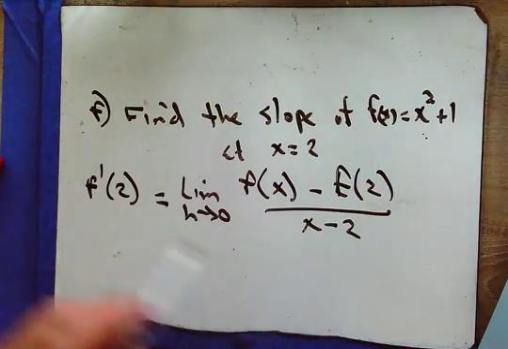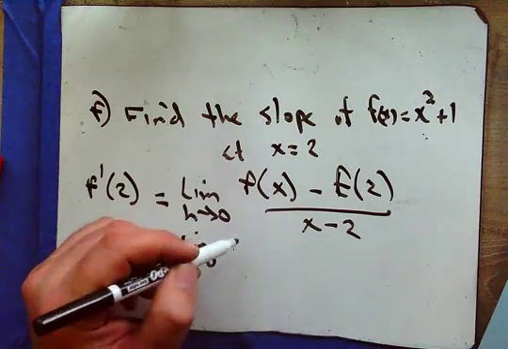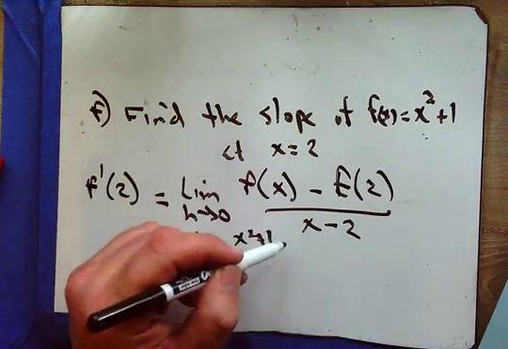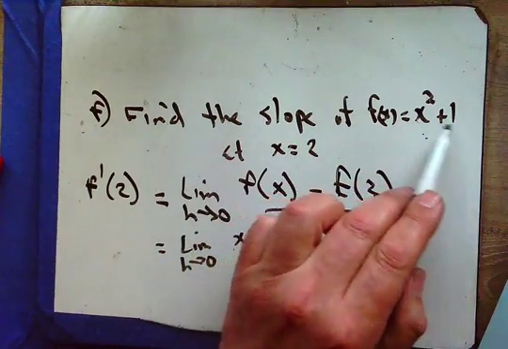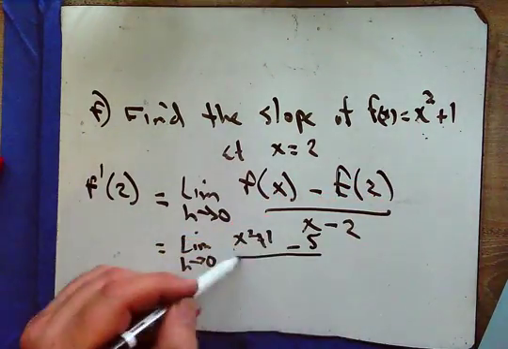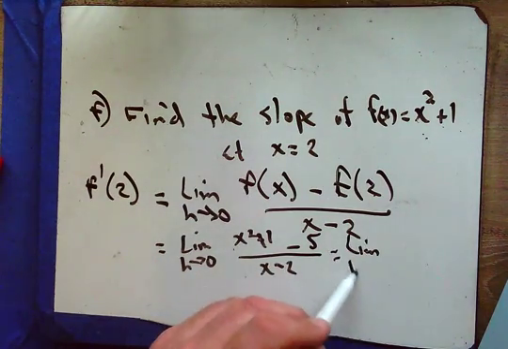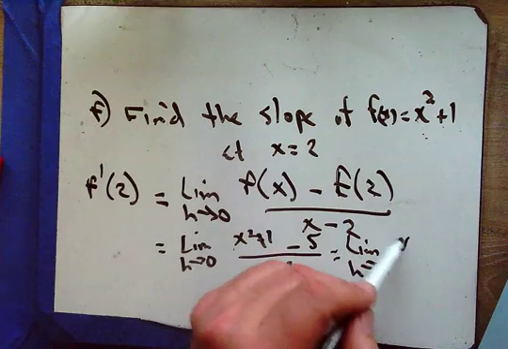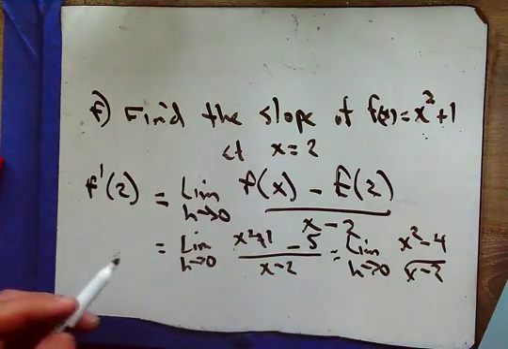Here's my f of x, so we're going to have the limit of x squared plus 1 minus, what's f of 2? 2 squared is 4, 4 plus 1 is 5, over x minus 2. So if I tidy up the top, I get x squared minus 4 over x minus 2.